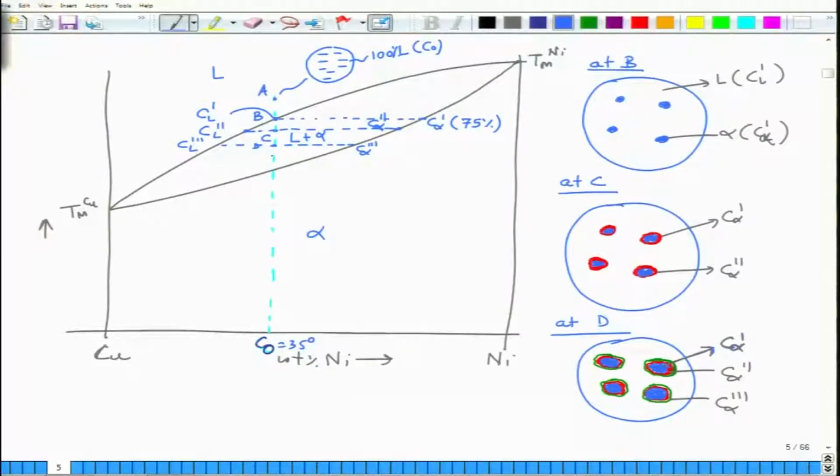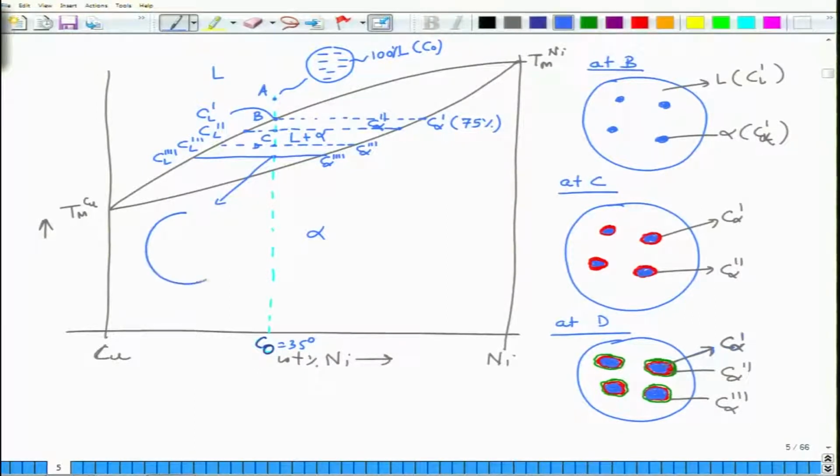Now when you come to the next point, at this particular point, the composition should have been C alpha 4 prime, and this is C liquid 4 prime. So when you come to point E, I can draw it here.